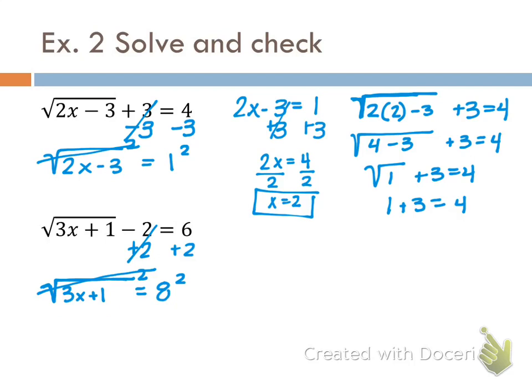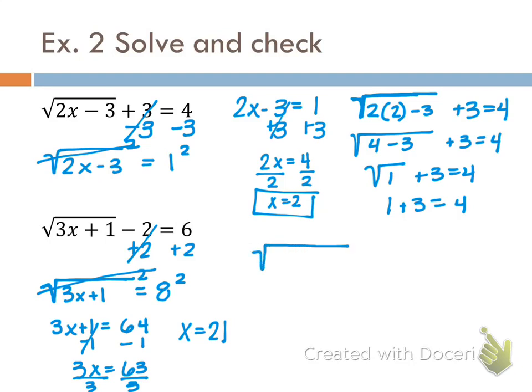So then I have 3x plus 1 is equal to what? 64. Now I just subtract 1. 3x is equal to 63. Divide by 3. And x is equal to 21. Now let's plug it in really quick and check it.